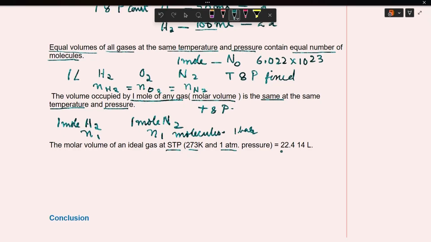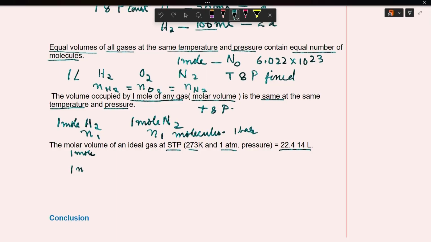It is equal to 22.414 liter. See, molar volume means it is the volume of 1 mole. Temperature and pressure fixed, that is 273 Kelvin and 1 atmosphere pressure, will have a volume of 22.414 liter. So, this has got many consequences, we can make many calculations out of that.